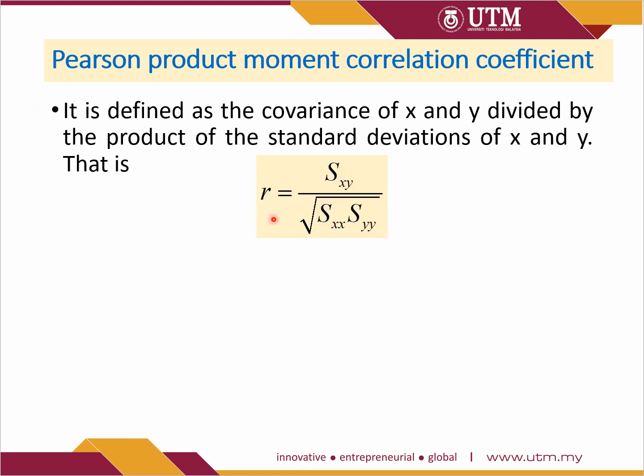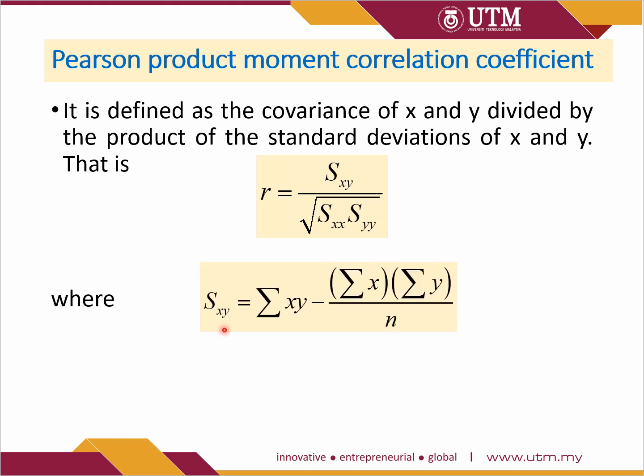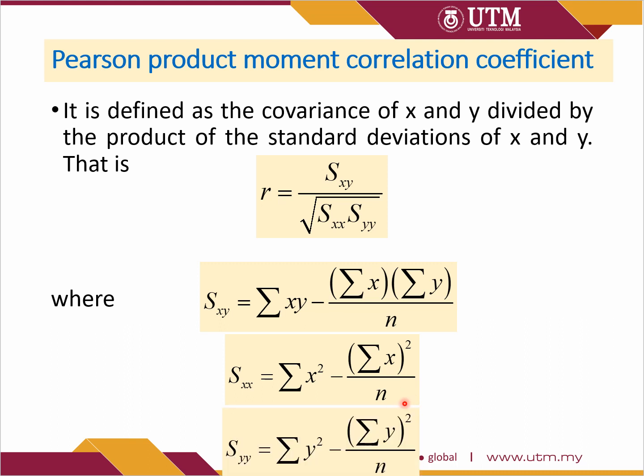That is, r is equal to Sxy divided by the product of the standard deviations of x and y, where Sxy is equal to the summation of xy minus the summation of x multiplied by the summation of y divided by the number of samples, and Sxx is equal to the summation of x squared minus the square of the summation of x over n, and Syy is equal to this formula.